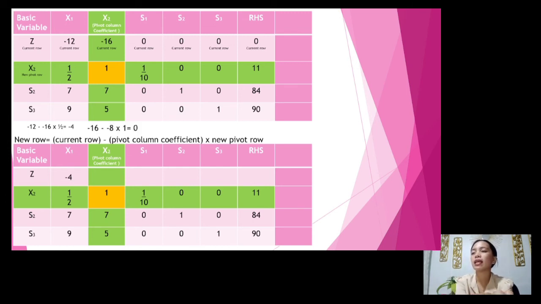Next is negative 16 minus negative 16 times 1 is 0. Then 0 minus negative 16 times 1 over 10 is 8 over 5. Then 0, then 0, then 0 minus negative 16 times 11 is 176.